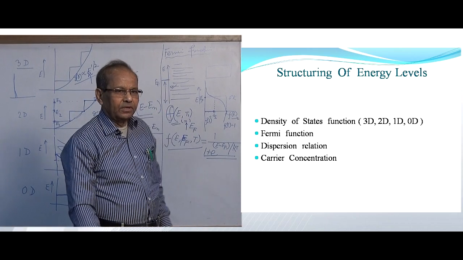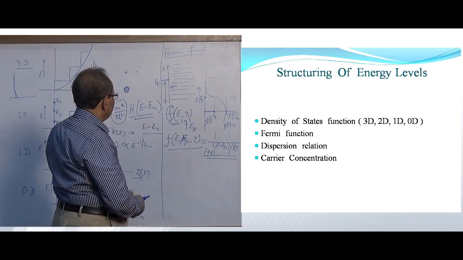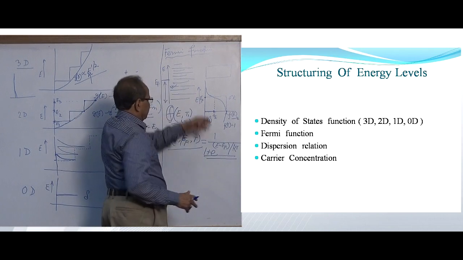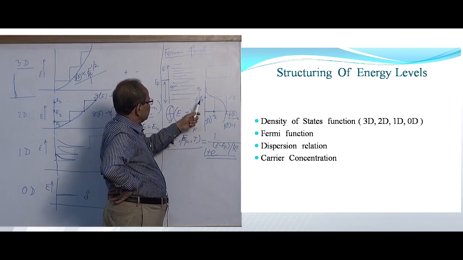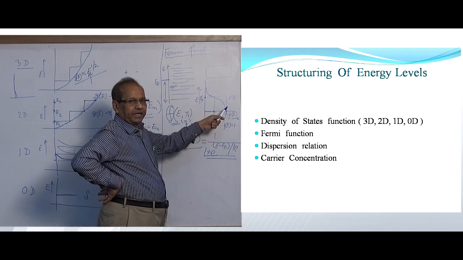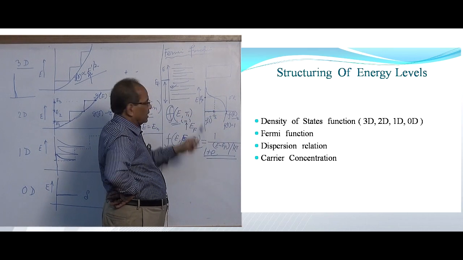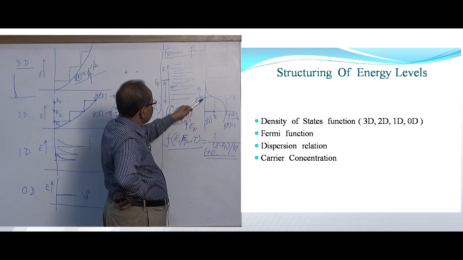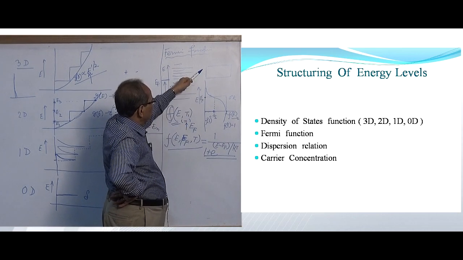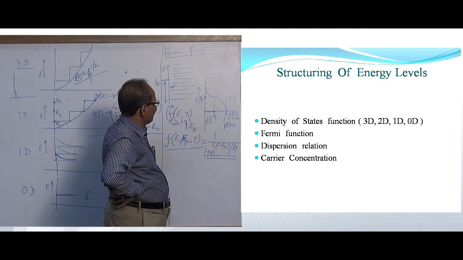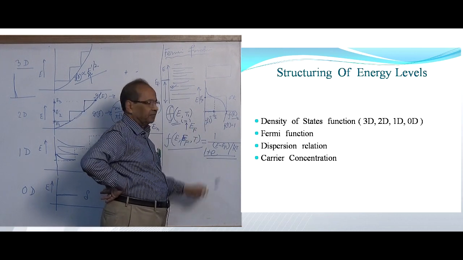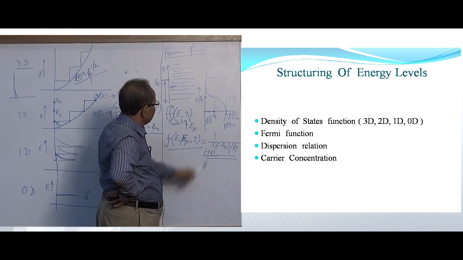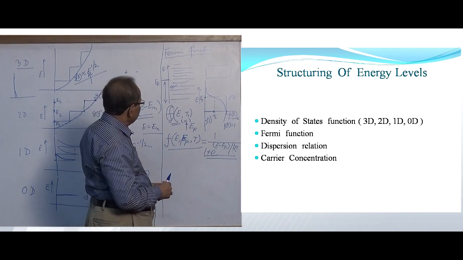So this is a good observation: if the specimen is at a finite temperature other than 0 degree Kelvin, there is a chance that some electrons may occupy above the value of Fermi, but with lesser probability, less than half. So this is about the Fermi function.